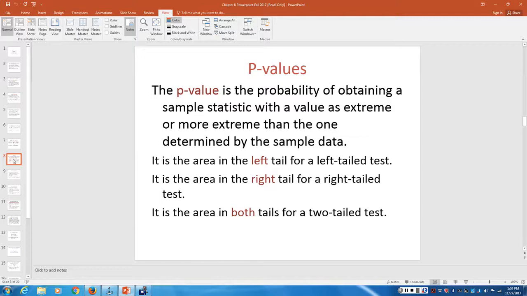Is it likely that you got a mean that was so small and so far away from the mean, or so big and so much above the mean by chance, if H0 was true? It's in the left tail for a left tail test, it's in the right tail for a right tail test, it's split between the two tails for a two tail test.